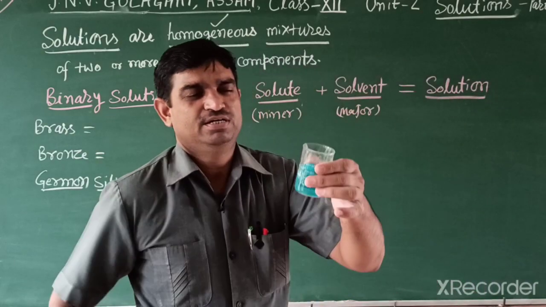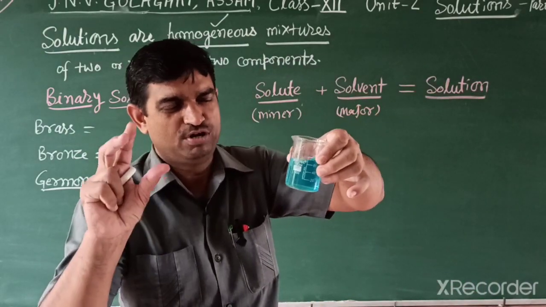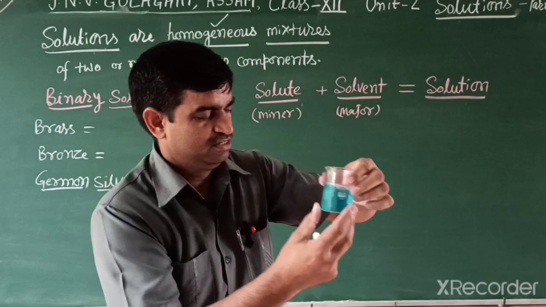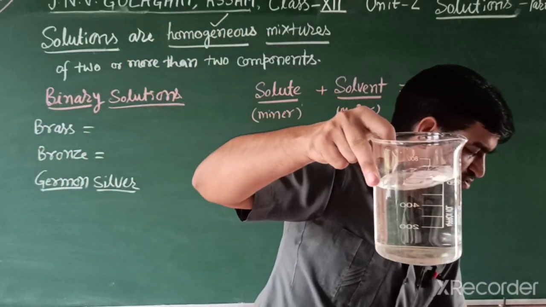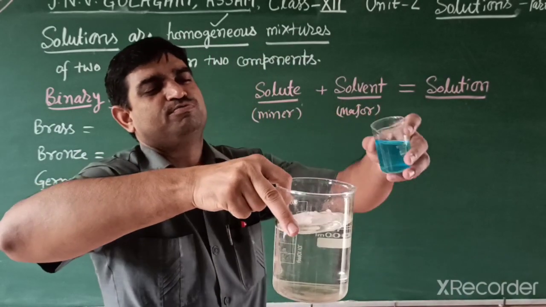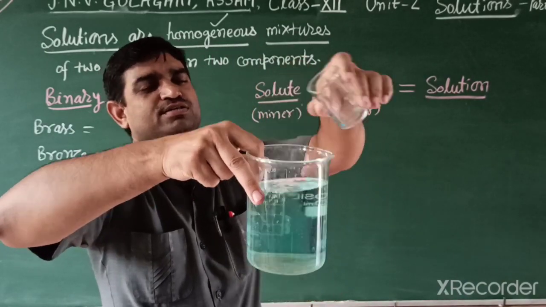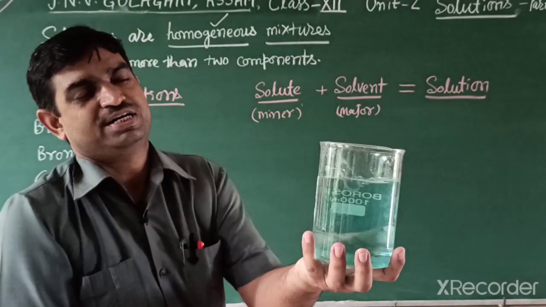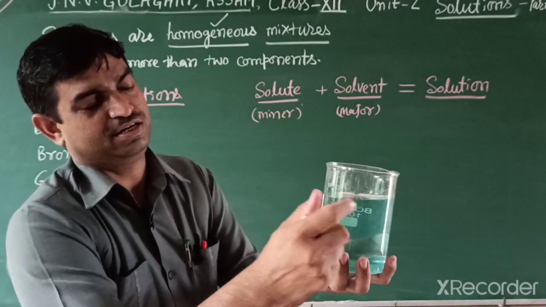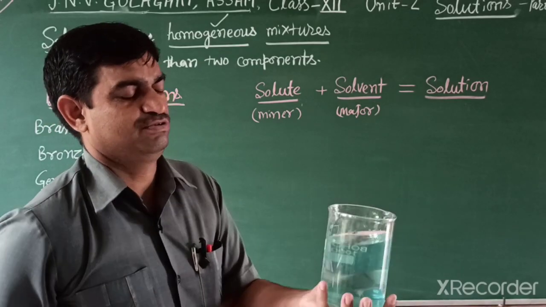Students, in this solution we mix a very small amount of copper sulfate and a large amount of water. For example, this is water, and if I put in copper sulfate, this is also a solution with equal composition throughout. So water is the larger amount and copper sulfate is the lesser amount.